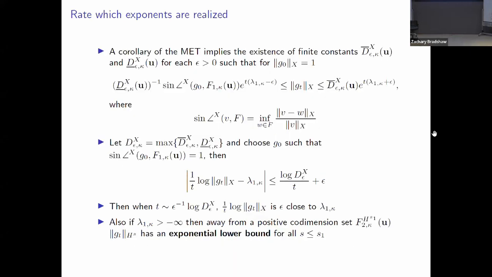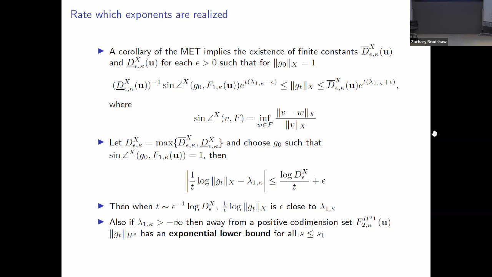Because I'm essentially out of time, I will just mention the punchline of this. The upshot is that if I want to measure the growth and decay of G of t, the multiplicative ergodic theorem allows me to find two constants which are finite, a d upper bar and a d lower bar, for every epsilon.